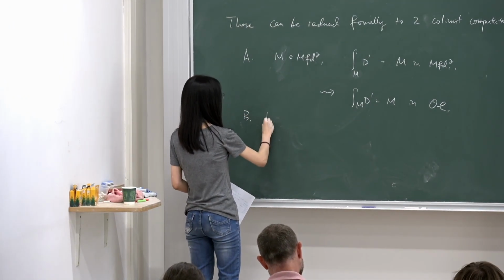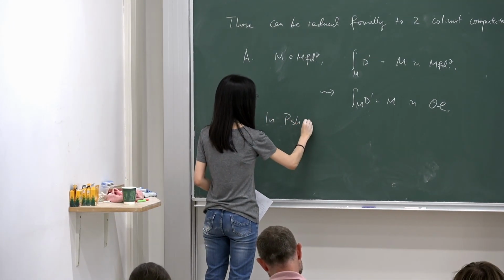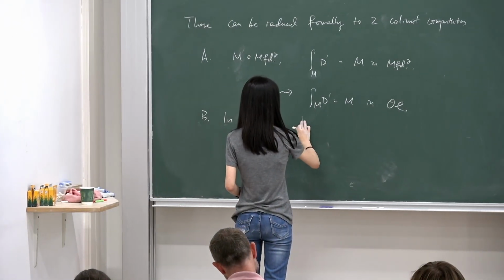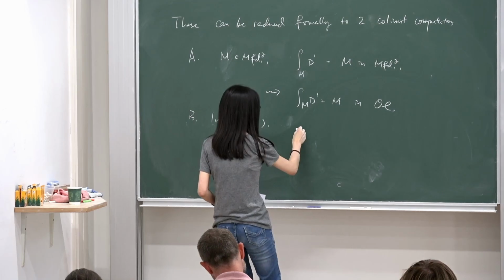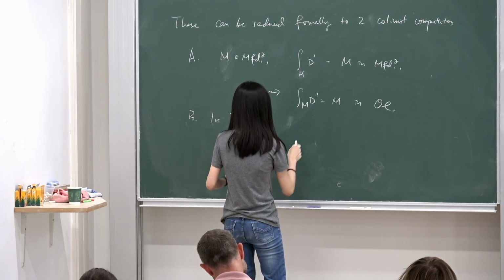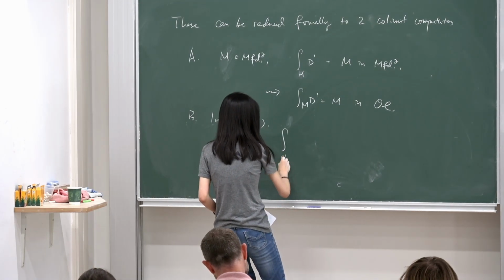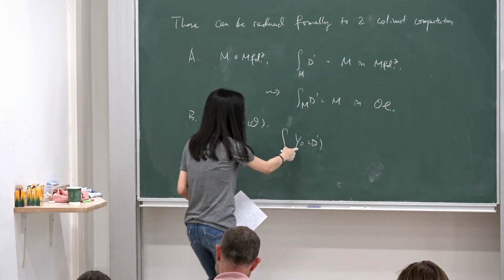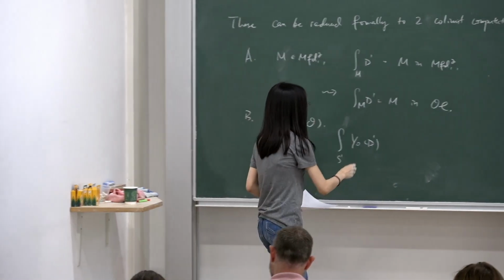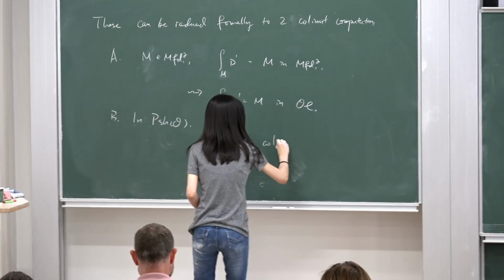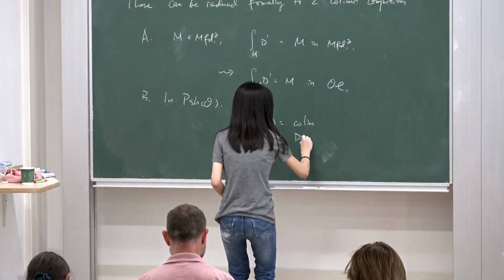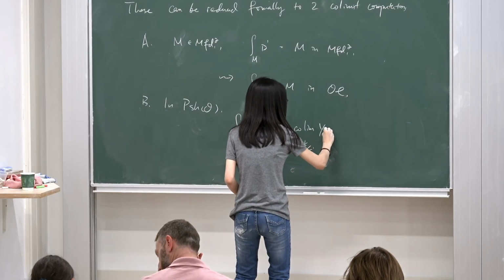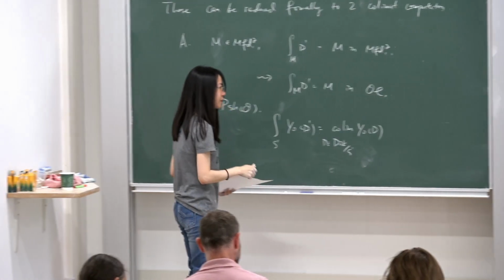The second one is more complicated. This is in trying to do a colimit computation in presheaves on O. We want to show that: let's take the factorization homology over S1 of the restricted Yoneda embedding of D1, and again, this is the colimit over disks over S1 of Yoneda of D, a bunch of disks.